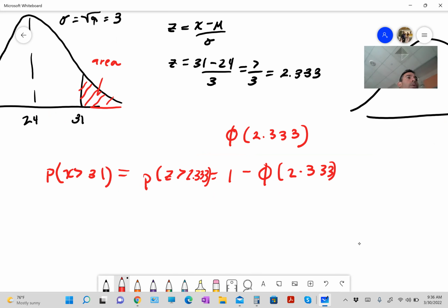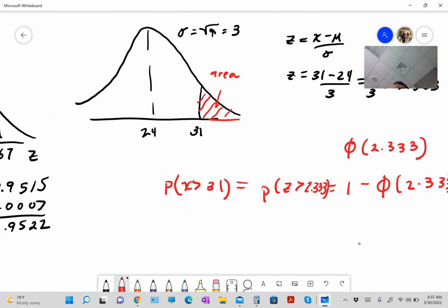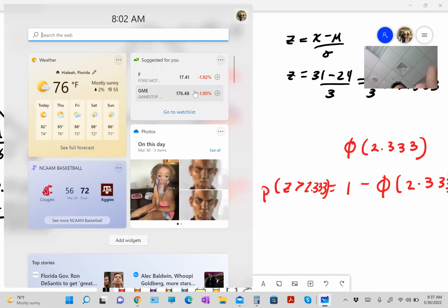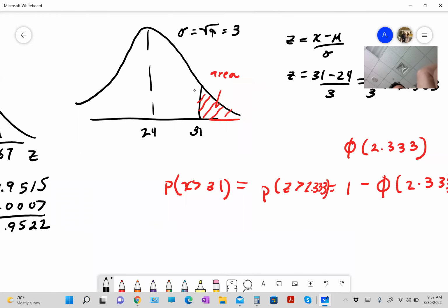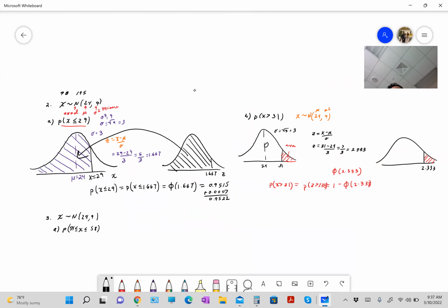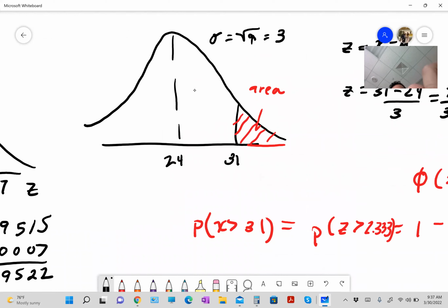So let's go to our table. First, go to 2.33. Tell me what a 2.33 z-score gives you. It gives you the cumulative area to the left. What is it? 0.9901, and then we have to go to the extra decimal place, 3.